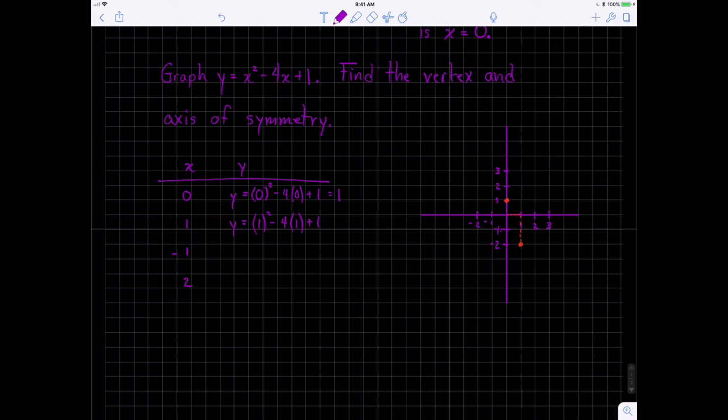So at -1, I get y equals -1 squared minus 4 times -1 plus 1. Well, this is going to be 1 plus 4, that's 5, plus 1, 6. So now at -1, I go all the way up to 6.